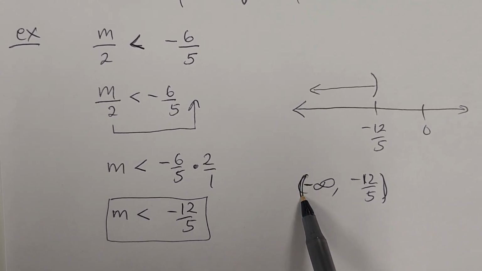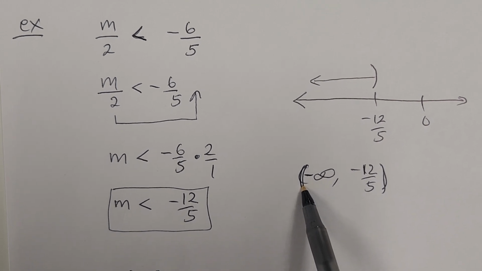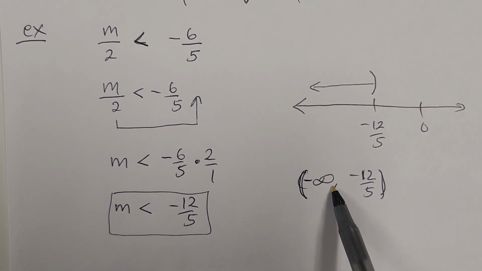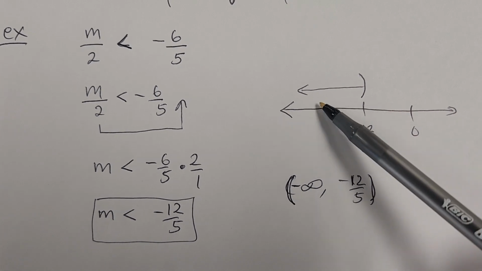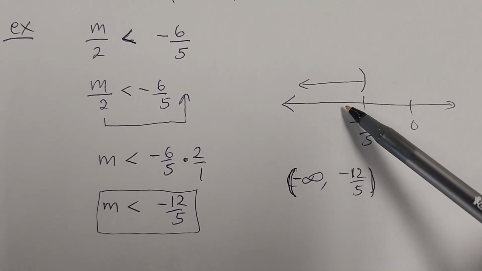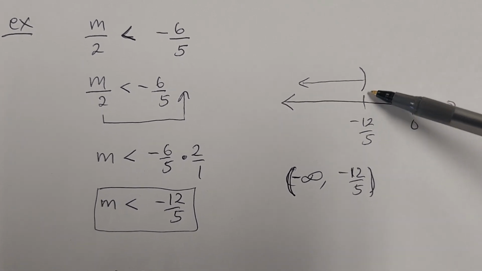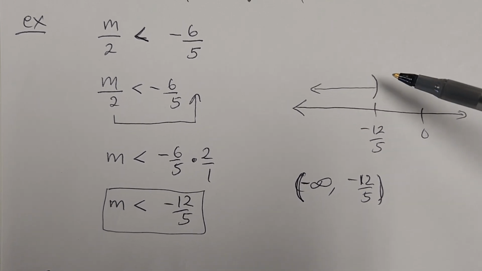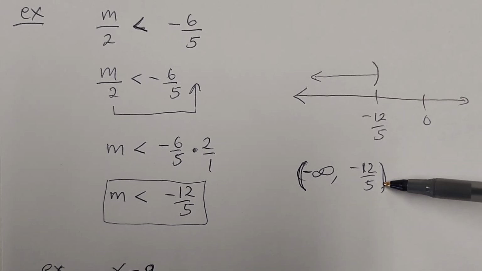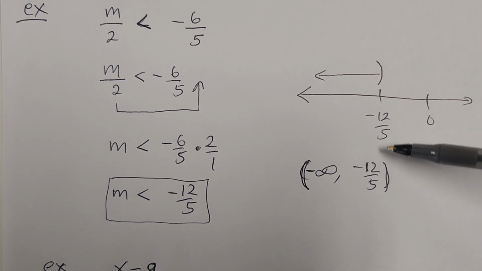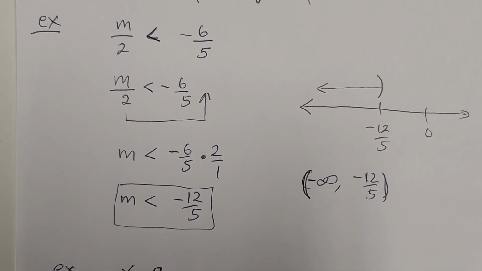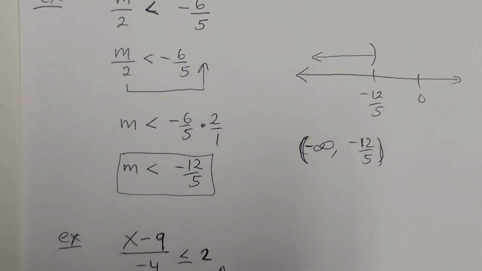Always use parentheses for infinity, followed by a comma, and then walk to the right side, and I reach negative 12/5, which has parentheses. Okay, so that's the first example.